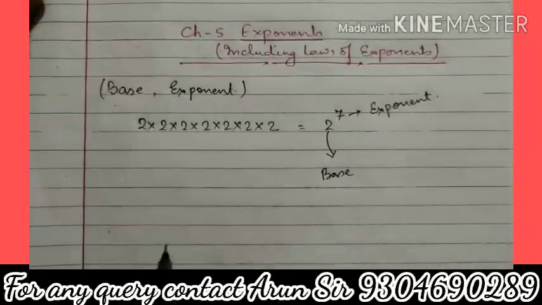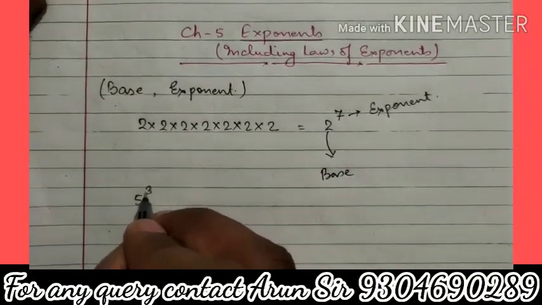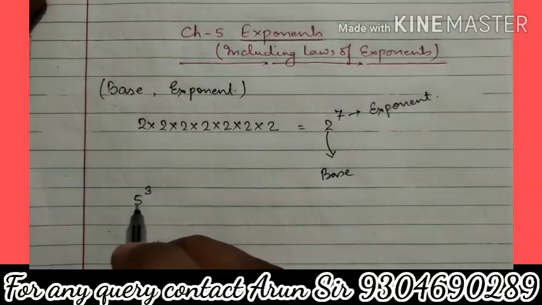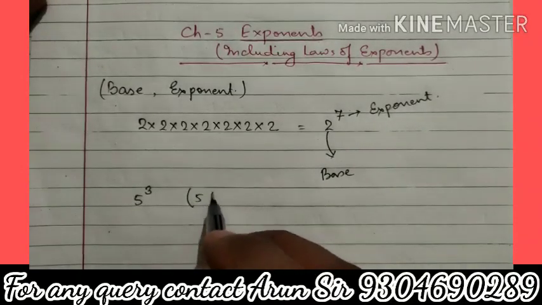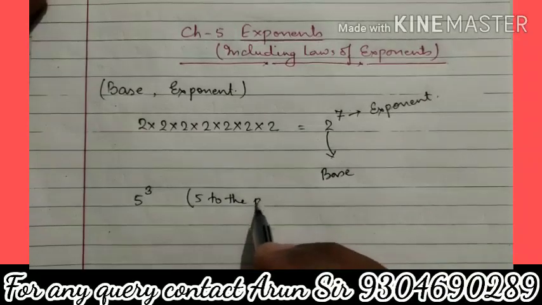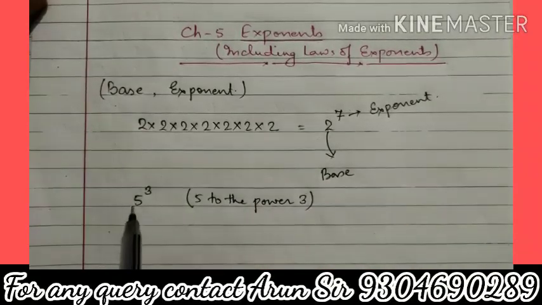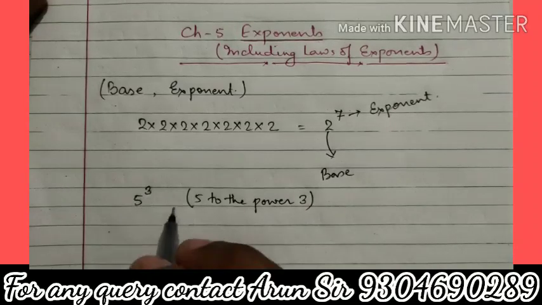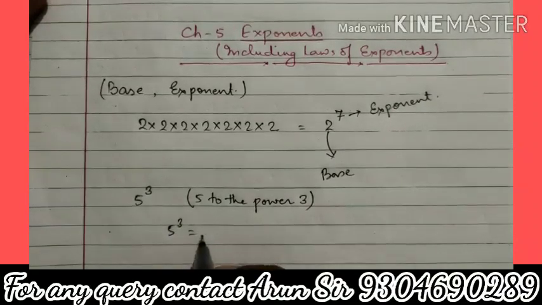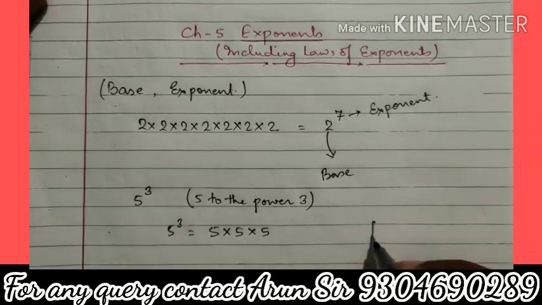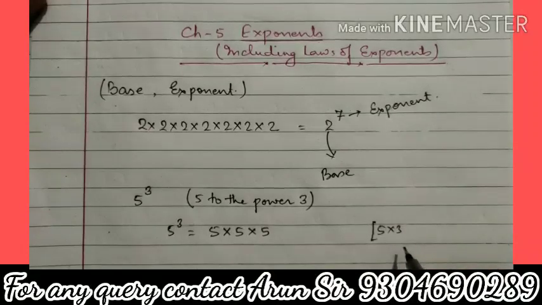Let us take one more example, 5 to the power 3. We will read it as 5 to the power 3. Now 5 to the power 3 can be written as 5 multiplied by itself 3 times. Some students are multiplying 5 into 3.